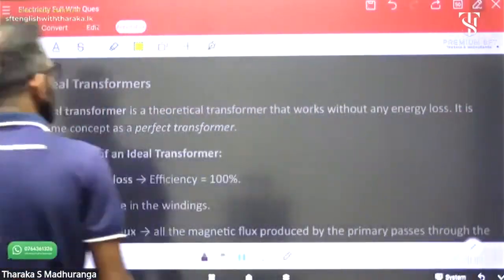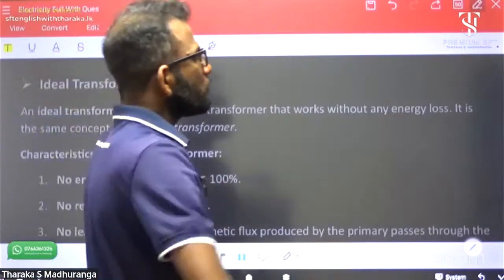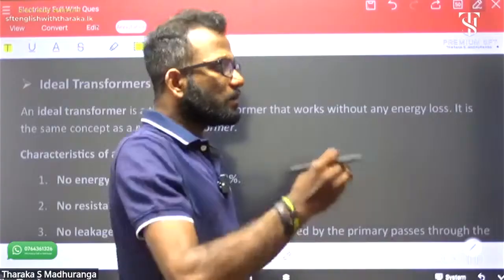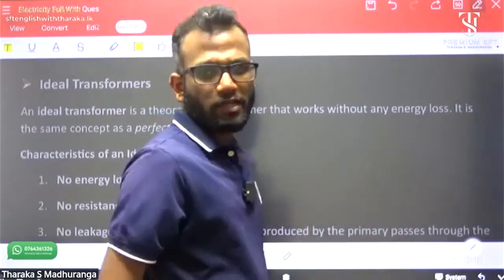Okay, let's see what the ideal transformers are. An ideal transformer is a theoretical transformer that works without any energy loss. Practically we can't find transformers without any energy loss.